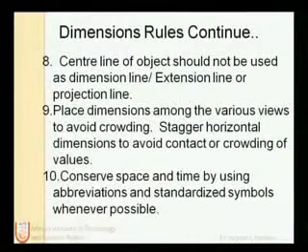And on the next one, conserve the space and time by using abbreviations. We have seen some symbols before that instead of writing radius, one should write R, or instead of writing diameter, one can use the diameter symbol, or instead of writing spherical radius, we can use the symbol SR. In this way, we can save the space as well as time.